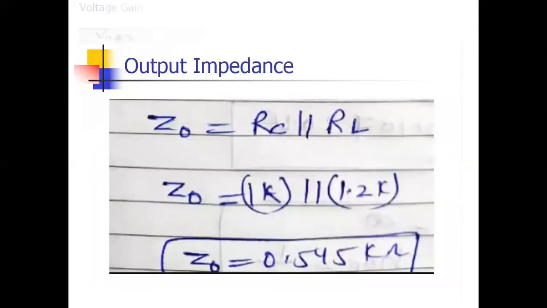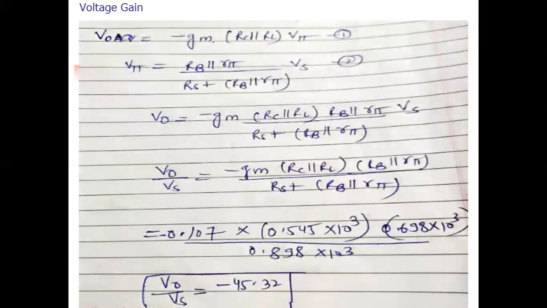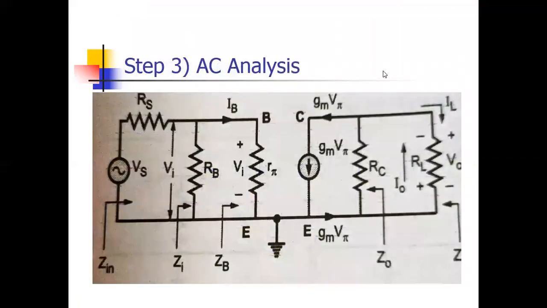So in this way, we calculate the value of V naught. That is, gm v pi is your current source, RC parallel RL is the resistance. The minus sign is due to the direction of current being at the downside. So again, listen. Output voltage equals output resistance RC parallel RL into output current gm v pi.